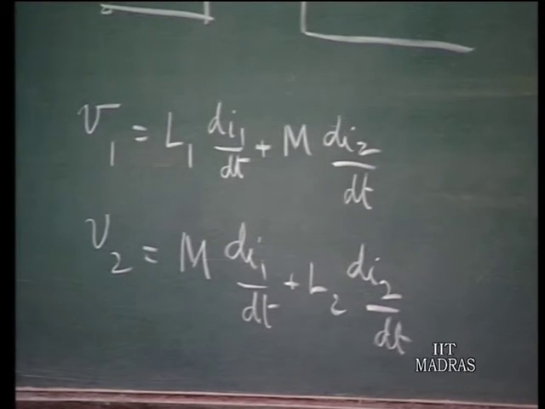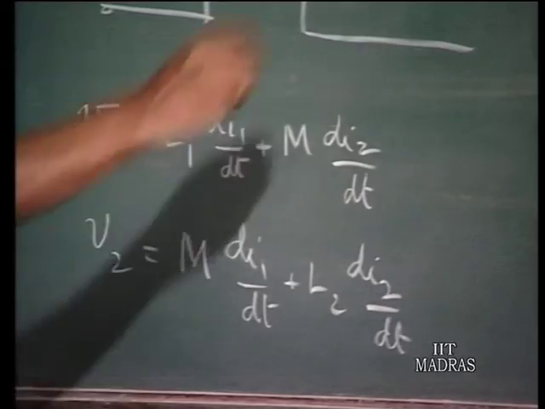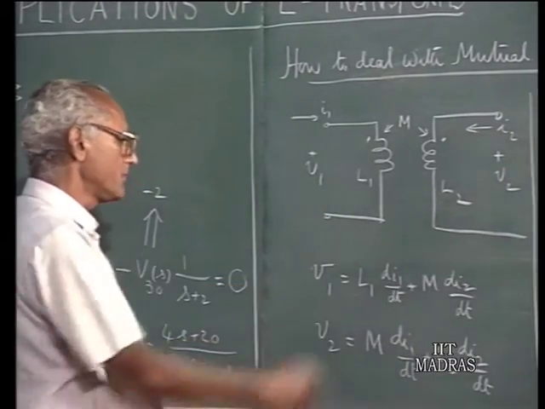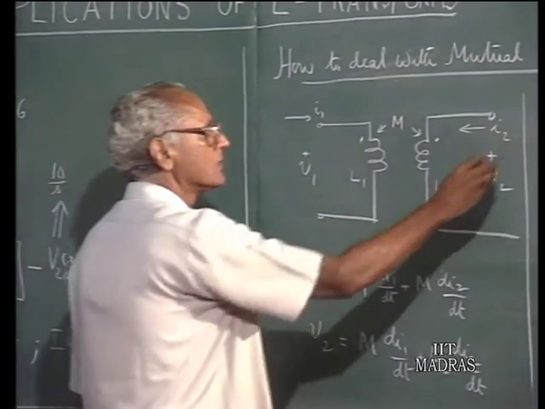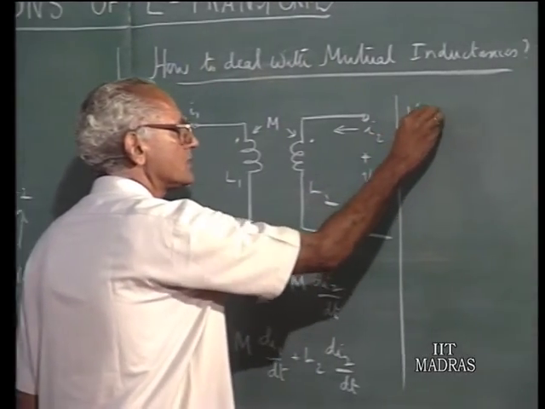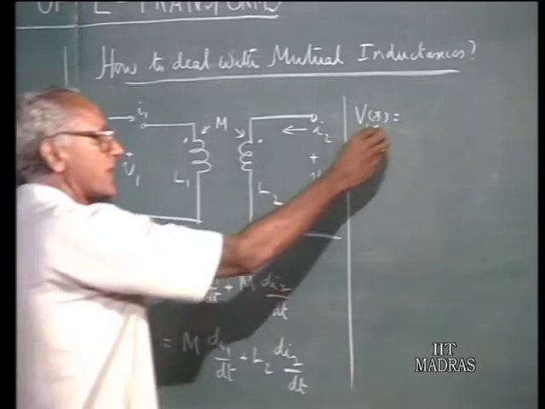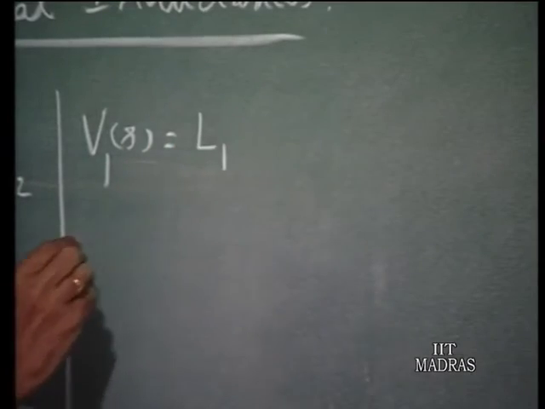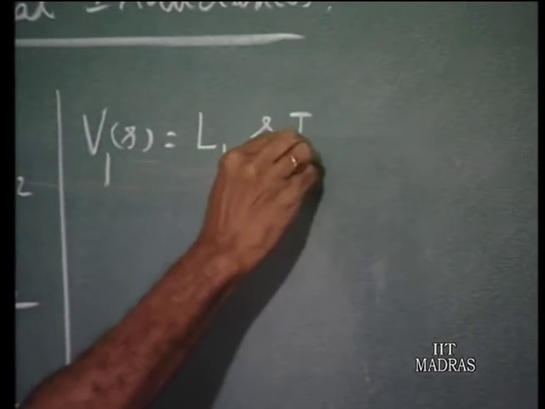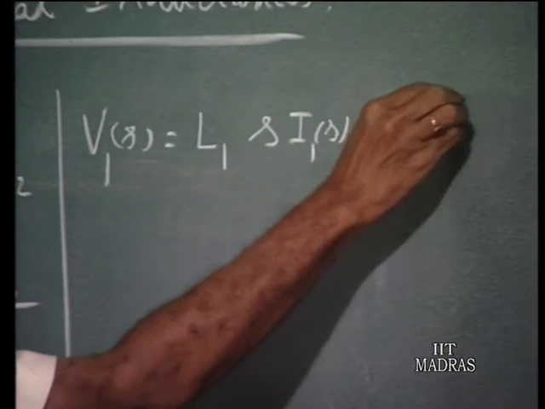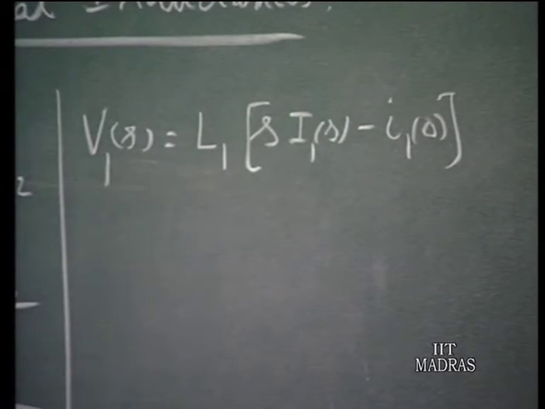Now, when we transform these equations, term by term you transform. So, V1 will have Laplace transform V1 of S. When you transform this, this will be L1 times S times I1 of S minus I1 0. That is the Laplace transform of L1 di1 dt.